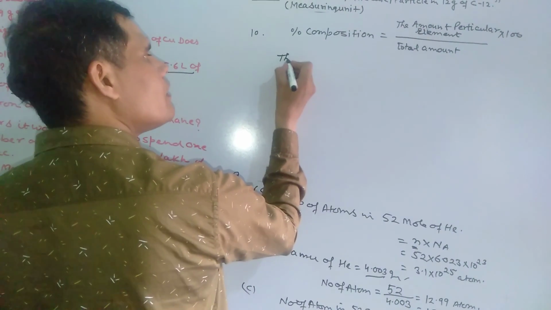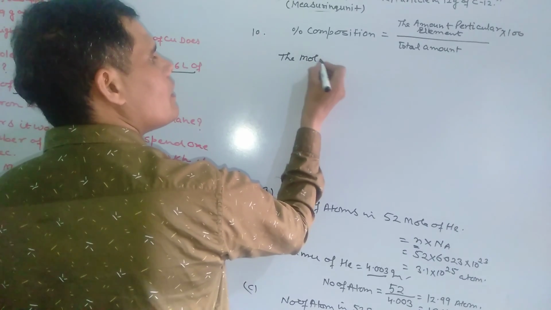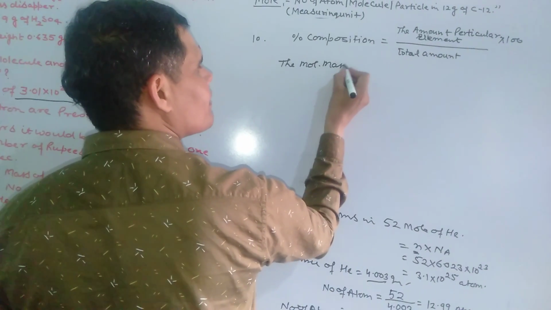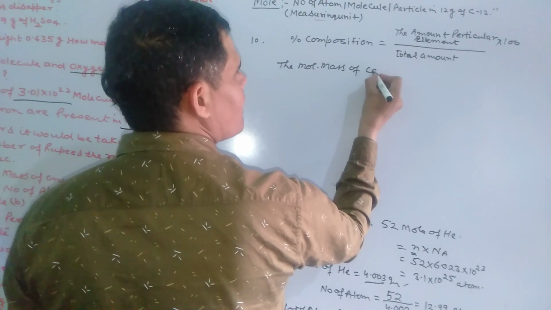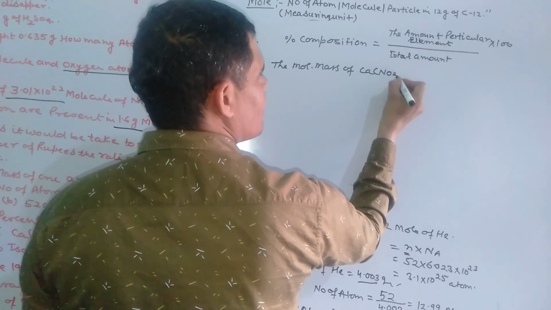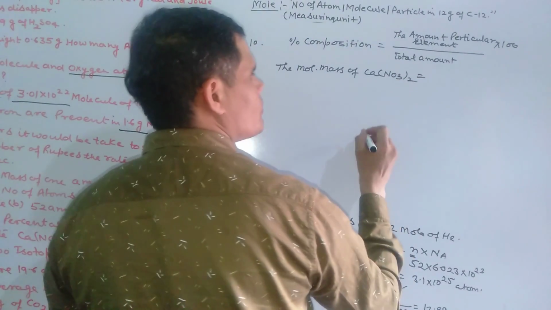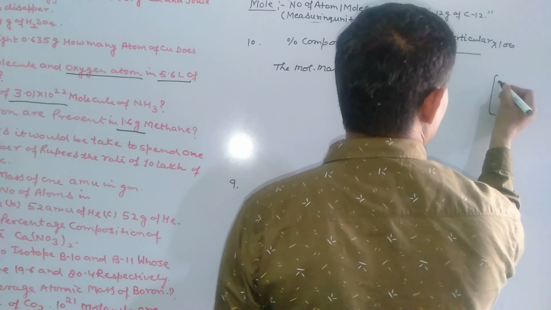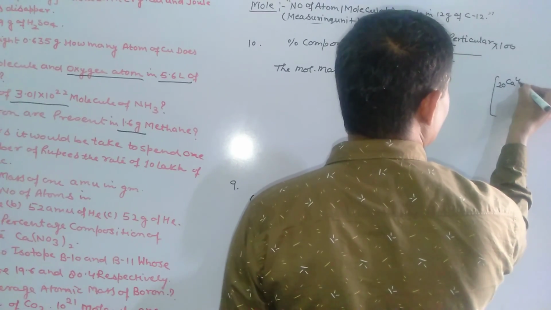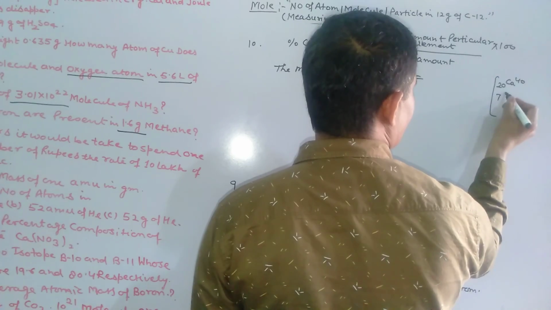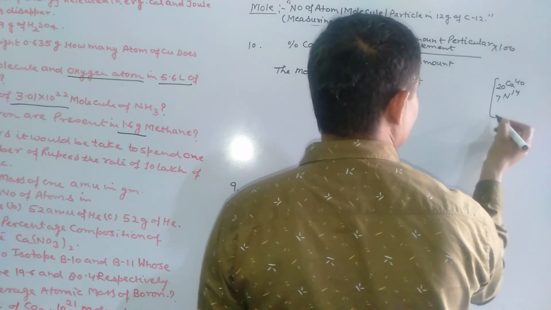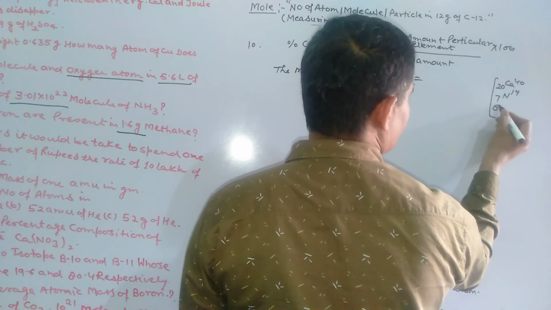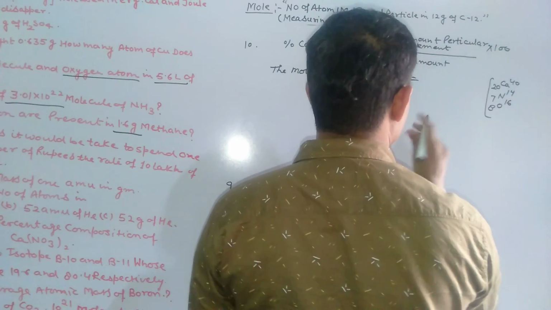The molecular mass of calcium nitrate is, we know that calcium is 20, mass 40, nitrogen 7, mass 14, and oxygen is 8, mass 16.